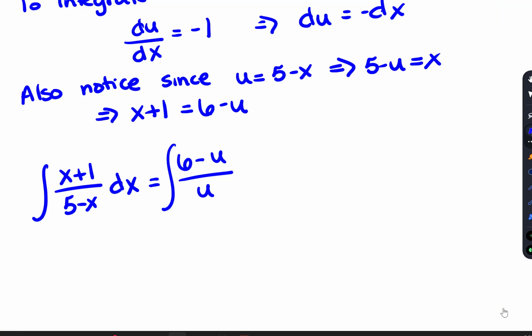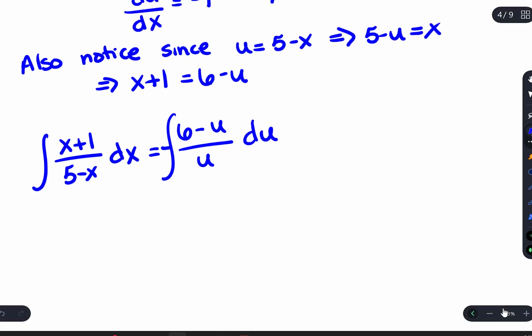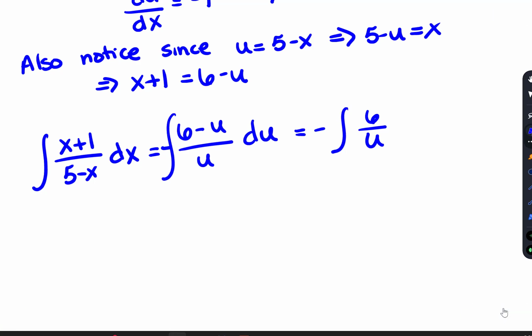And then we have that dx is equal to minus du, so we have the following. Now looking at this, notice that we still have a u in the denominator, but this integral is easier to work with because we can actually break this into two fractions. Notice that this is equal to 6 over u plus u over u du.